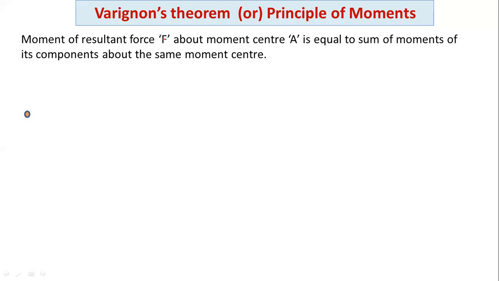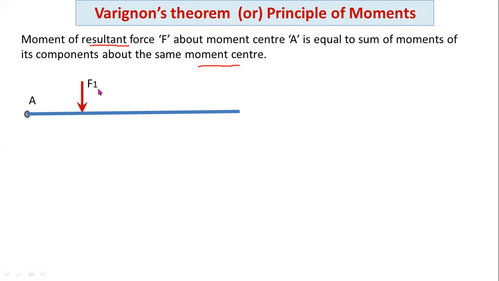Here you can observe the moment of the resultant force. The moment of the resultant force is equal to the sum of the moments of all forces about the same point. Here I consider a horizontal rigid bar.